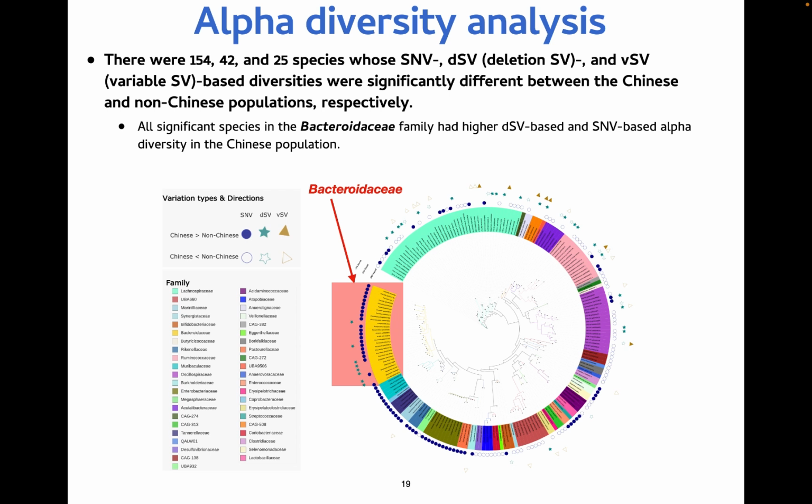All significant species in the Bacteroidota family had higher deletion structural variation based and ISMV based alpha diversity in the Chinese population.